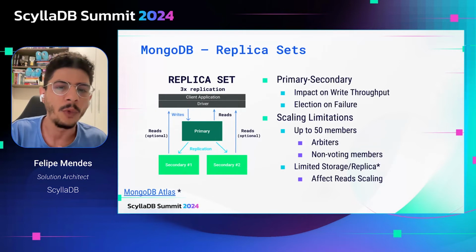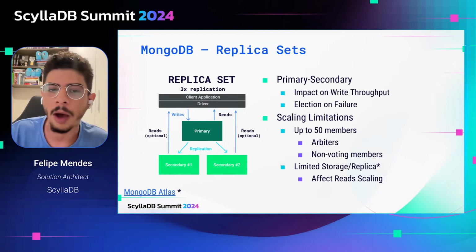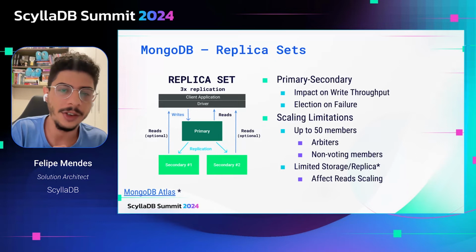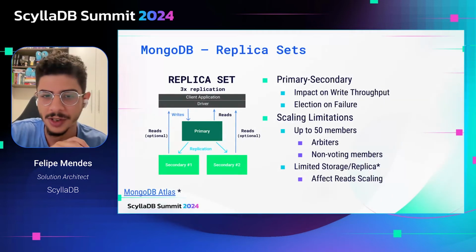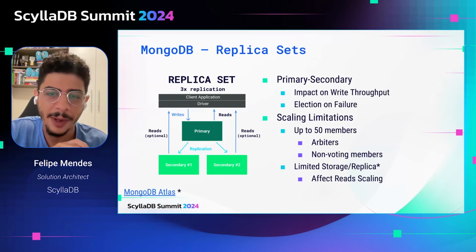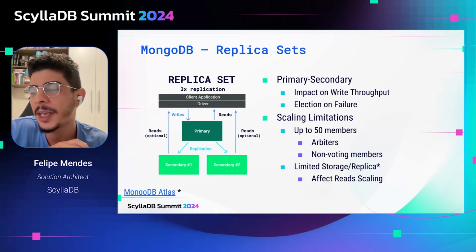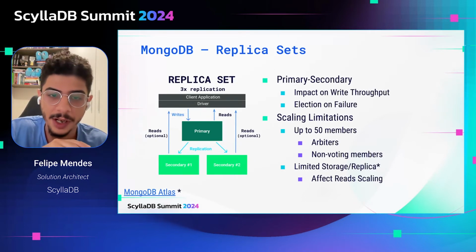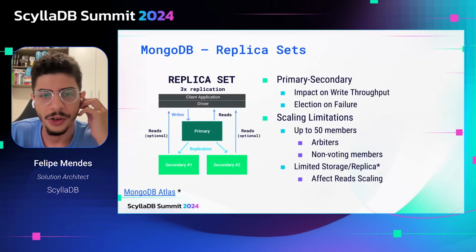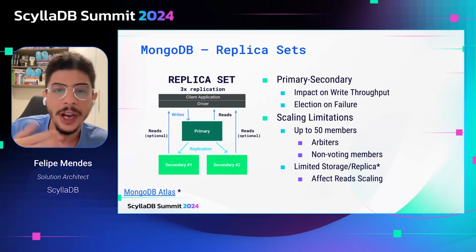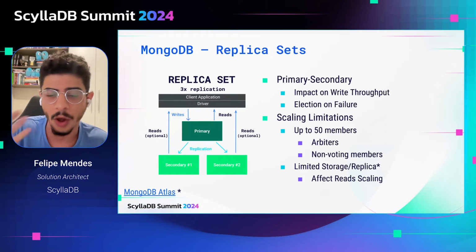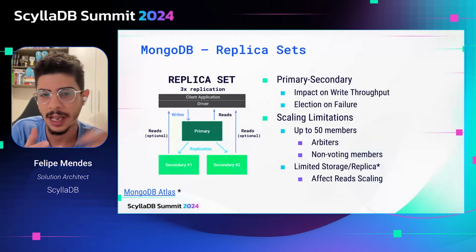One possible reason to scale out your replica set is to have a deployment spanning across multiple regions. Still, a single replica set has a limit of up to 50 members. And as you add more and more nodes to your replica set, it ends up introducing additional configuration complexity, such as nodes with specific roles, arbiters, and non-voting members.